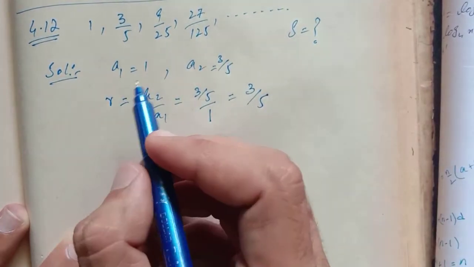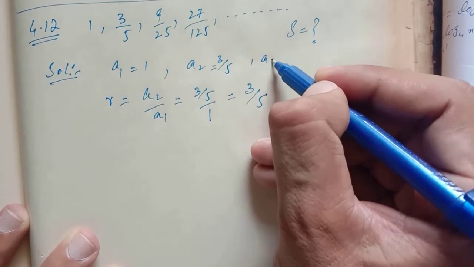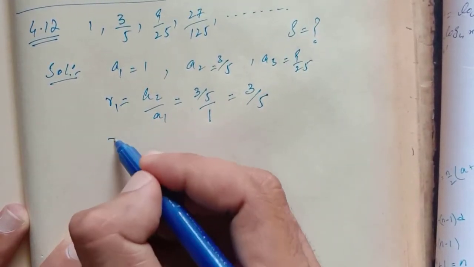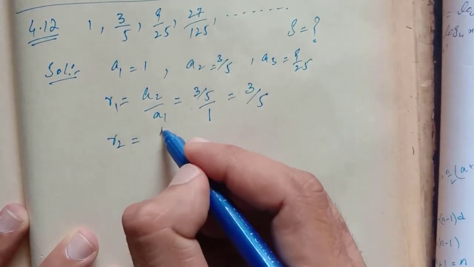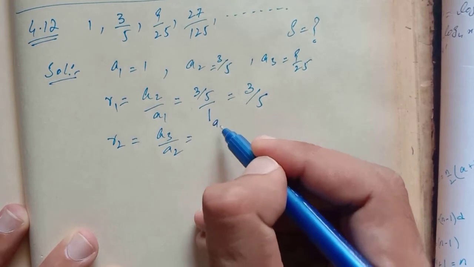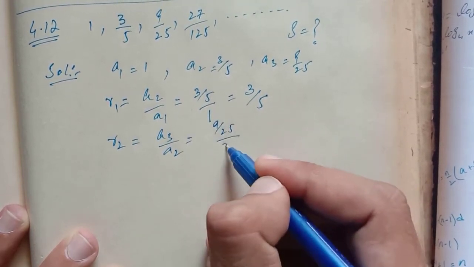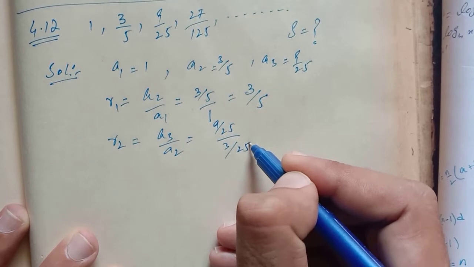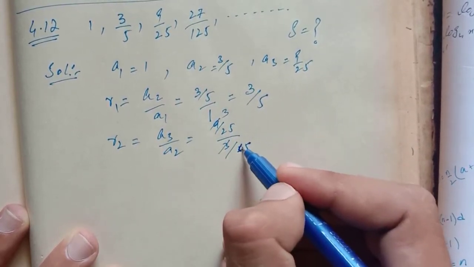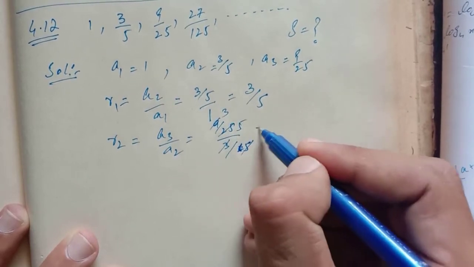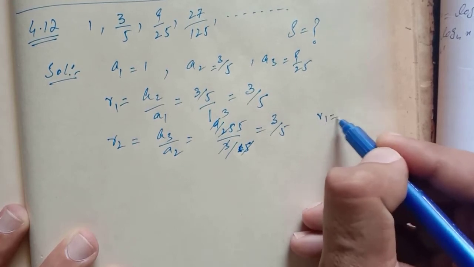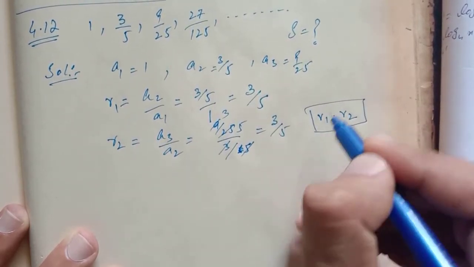If we take the ratio between a3 and a2, this is r1 and this is r2, a3 divided by a2 equals 9 divided by 25 divided by 3 by 5. Now 3 3s are 9 and 5 5s are 25, 3 divided by 5 again. So r1 equals r2. This is a geometric progression.